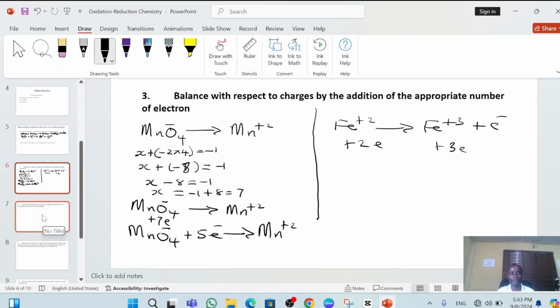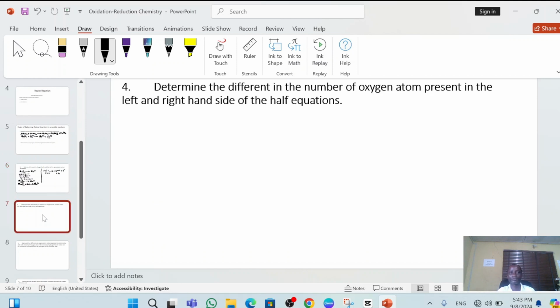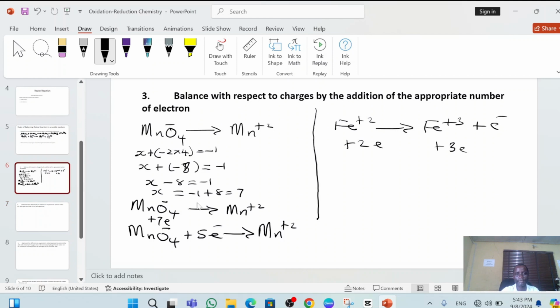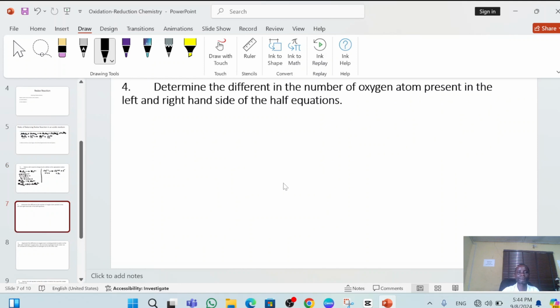The fourth principle says to determine the difference in the number of oxygen atoms present on the left. If you go back, you know that you have four oxygen, and then at the right side, no oxygen. That is in the reduction side. Now let's look at how you can balance it in terms of oxygen.